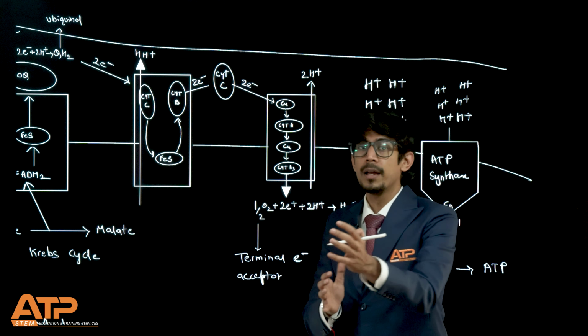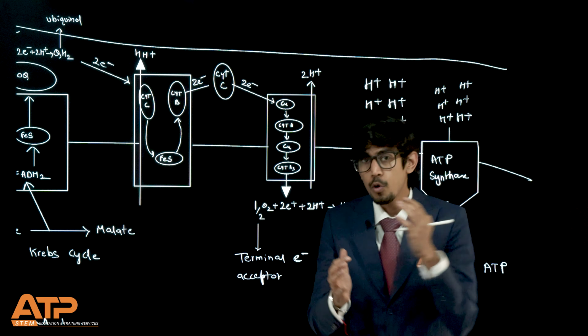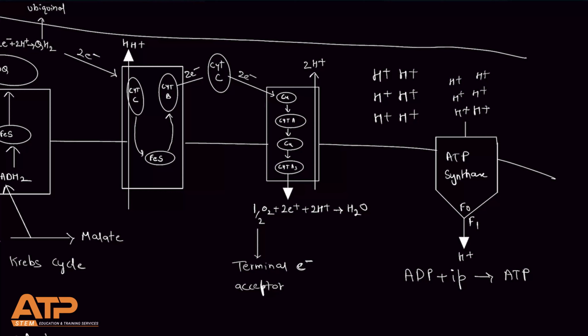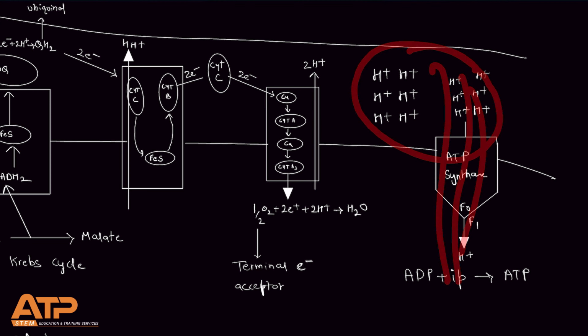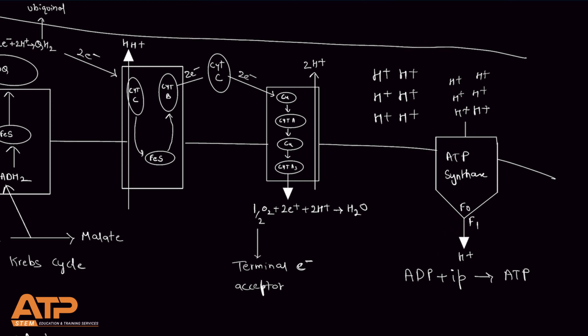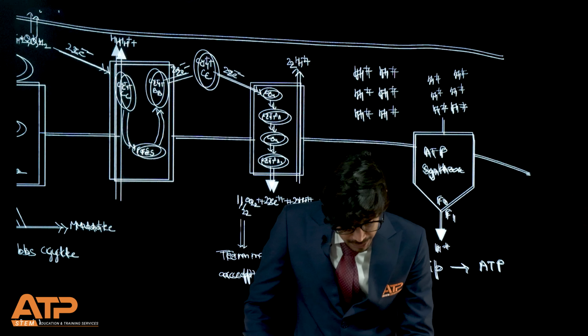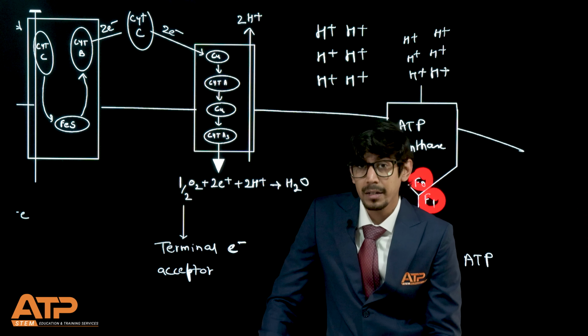When they are rushing through it, that energy is utilized by this ATP synthase enzyme to produce what? ATP. That is, this proton gradient energy is converted into energy stored in the form of what? ATP. Right? This ATP synthase has F0 and F1 particles.